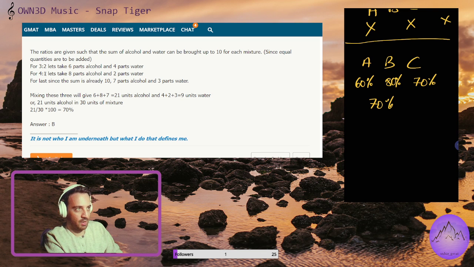So if this was 6, 4, 8, 2, and 7, 3, and let's say we had twice as much of A as we do of B and C, then all of a sudden, instead of 6 parts alcohol mixing with 8 parts and 7 parts, it's now going to be 12 parts with 8 parts and 7 parts. And the total wouldn't be out of 30, it would be out of 40. So that would just give us a different percentage in the end.